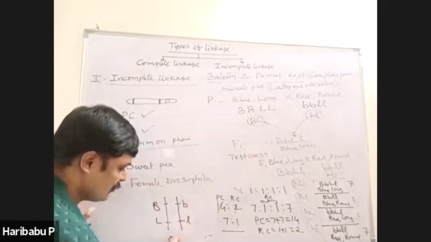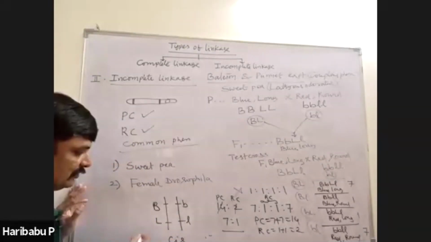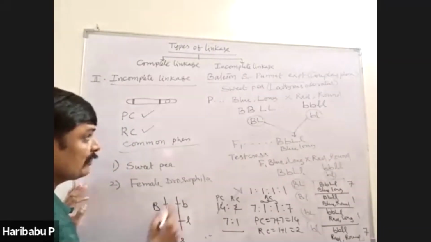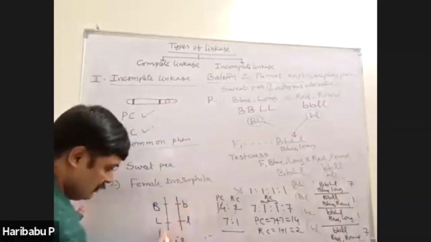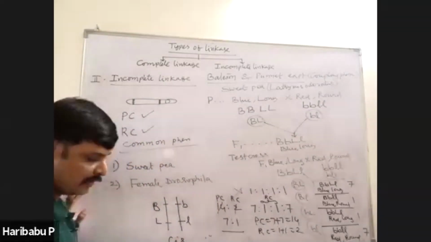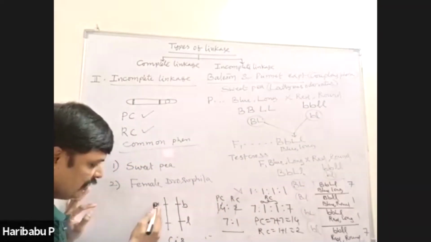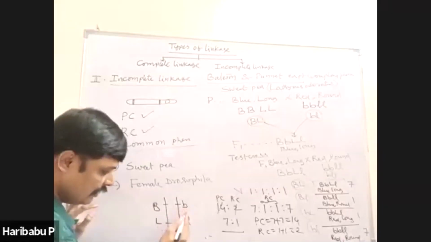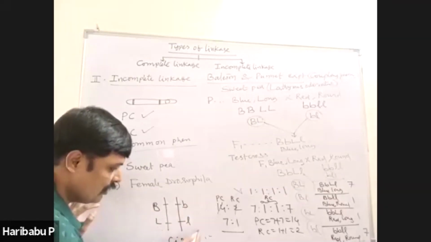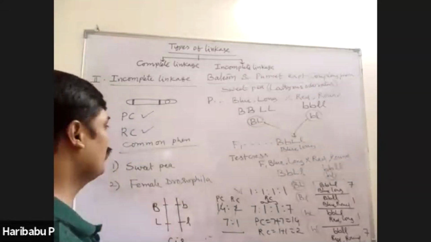This arrangement is called cis arrangement. This is called coupling phase. When dominant alleles are present on one parent and recessive alleles are present on another parent, you will get cis arrangement. What is cis arrangement? Dominant alleles are on one chromosome and recessive alleles are on another chromosome. Such type of arrangement is called cis arrangement. I think you understand.